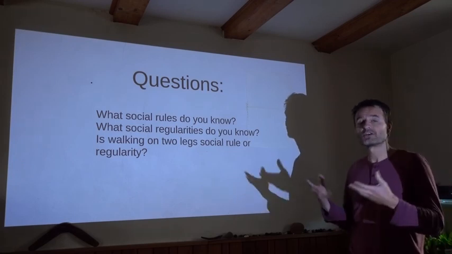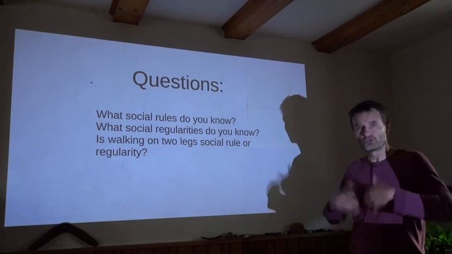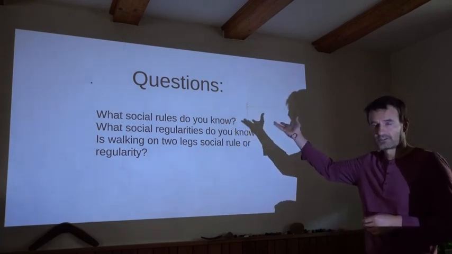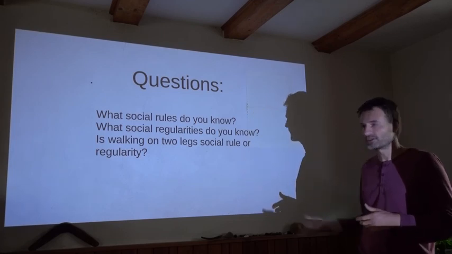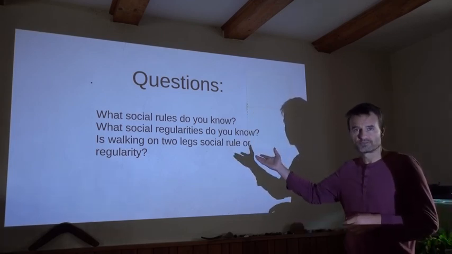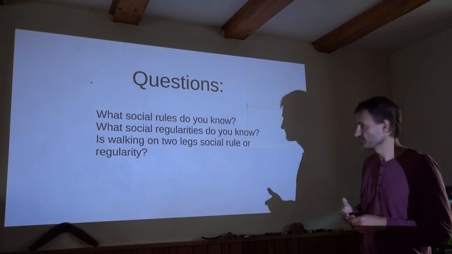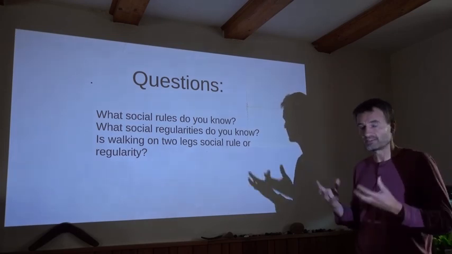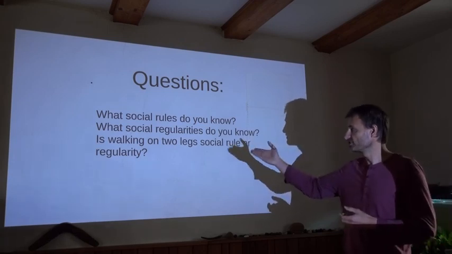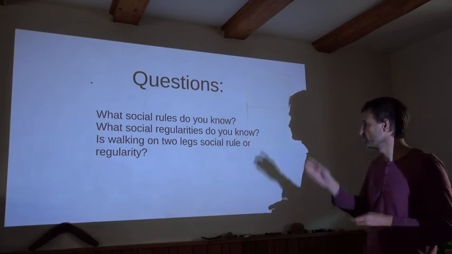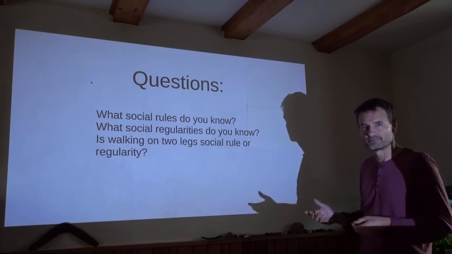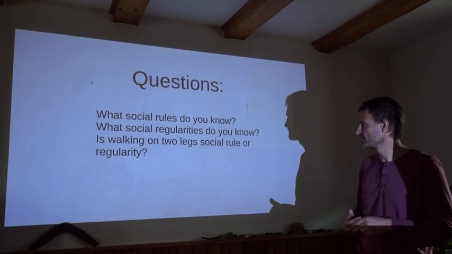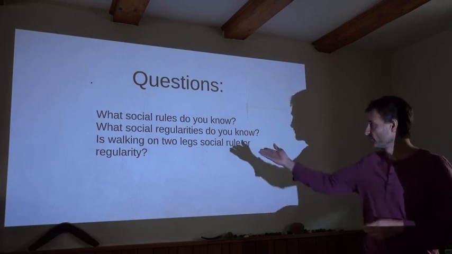What is regular in society but is not a rule? The first question concerns rules but not regularities. And as a bonus, if someone wants to solve a puzzle, answer the question: is walking on two legs a social rule or regularity? And we will discuss your questions and your answers.